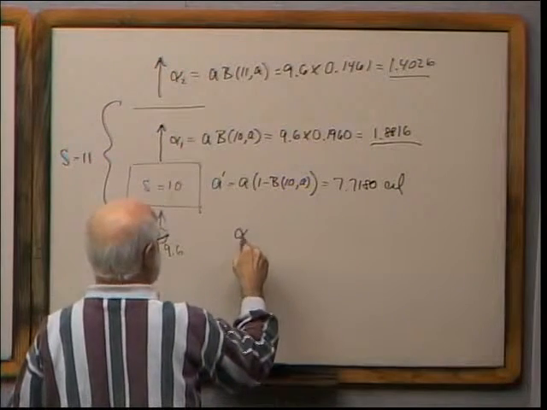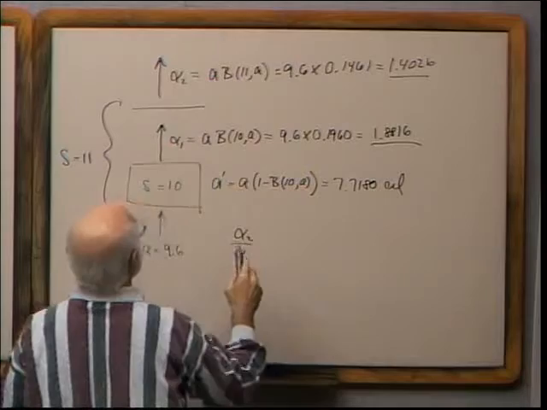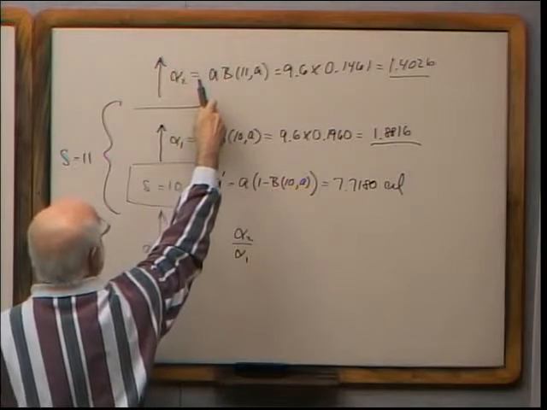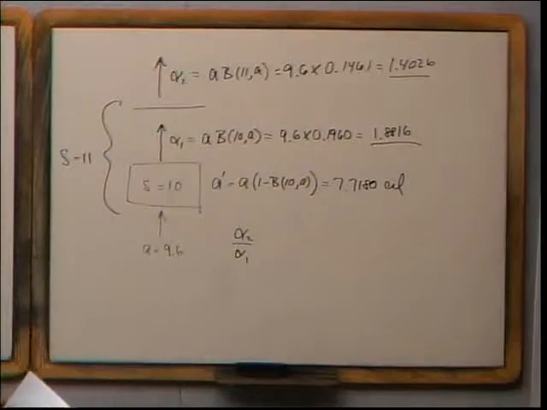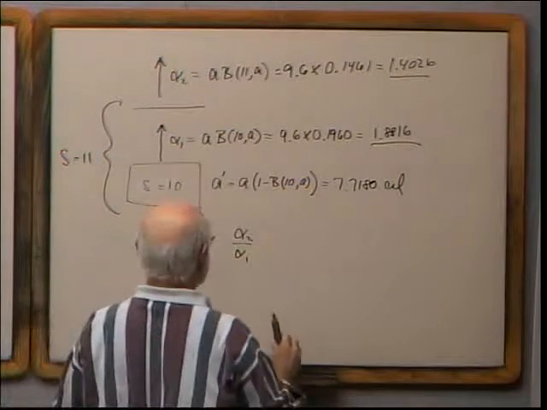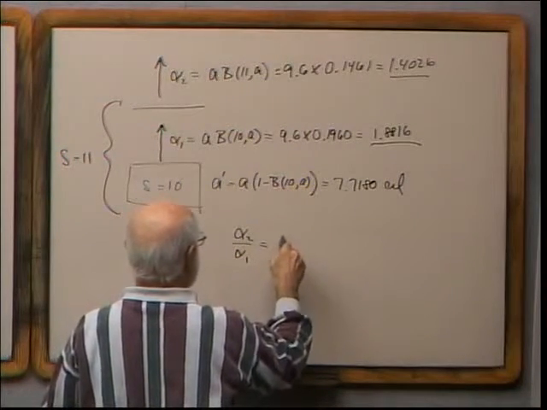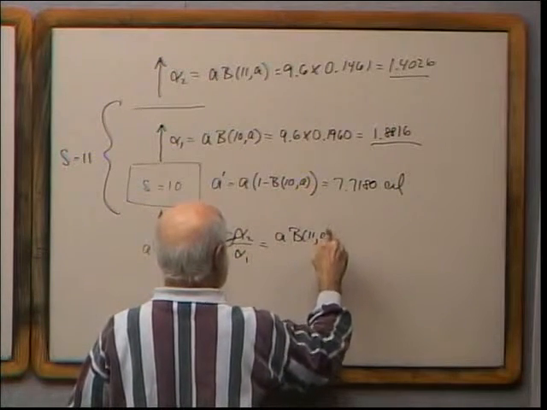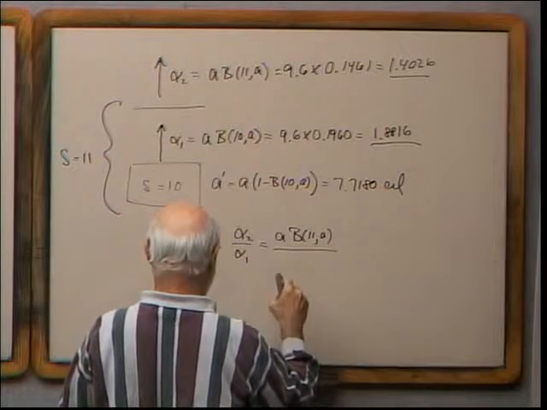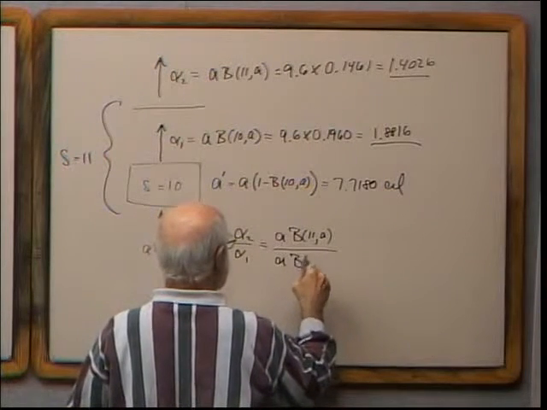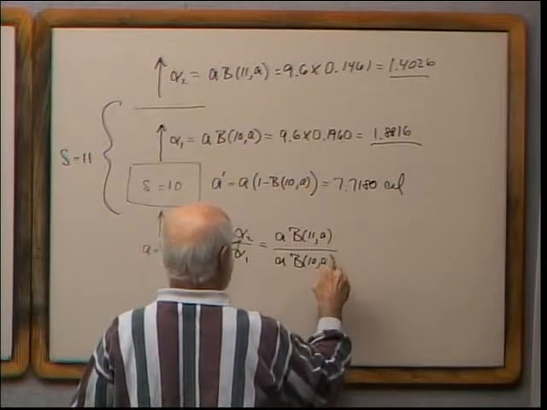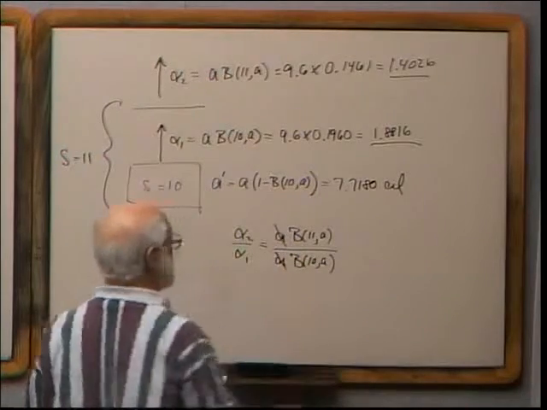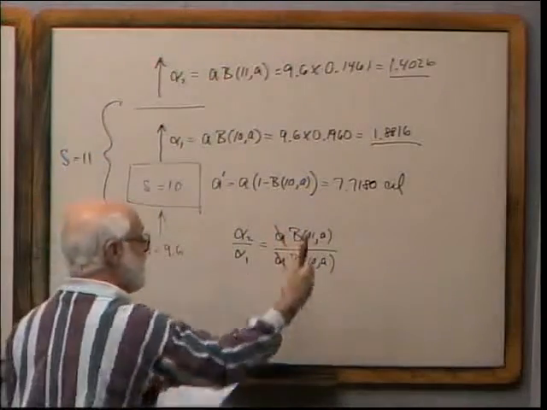Alpha 2 is the number of Erlangs that overflow this server. Alpha 1 is the number of Erlangs that are offered to that server. And in fact, that's equal to A, B of 11A divided by A, B of 10A. Of course, the A's cancel out. So it's the ratio of those Erlang B's.